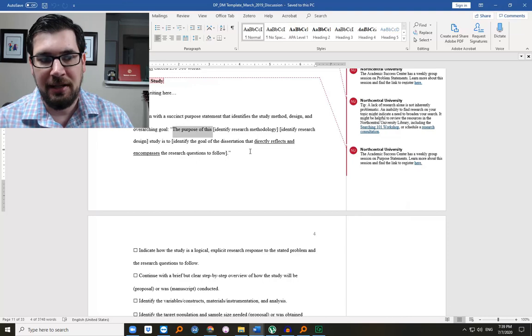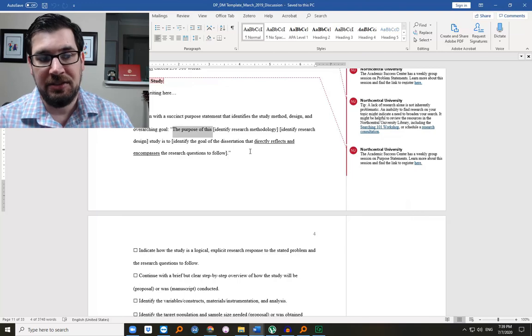If it's quantitative, you might use determine or identify, and you might be trying to identify the effect of variable A on variable B, something like that.